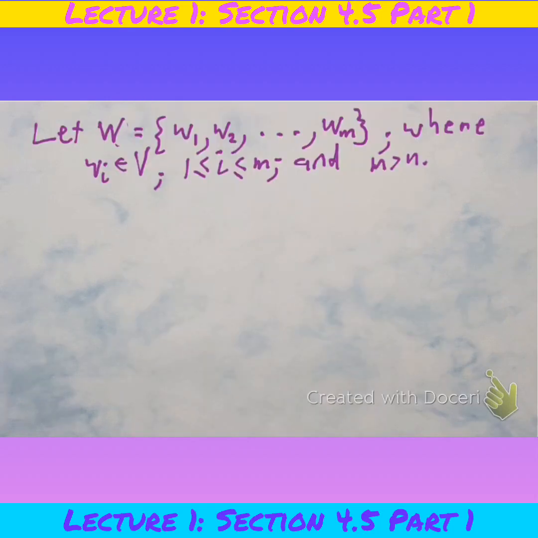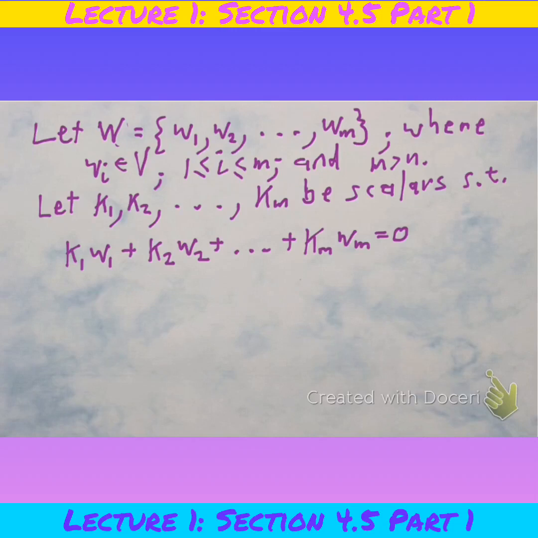Alright, so let's first take a set of vectors W from V of m vectors, w1 up until wm, and each wi comes from V, and the indices i run from 1 up until m. And we specifically require that the set of vectors W has more than n vectors in it.